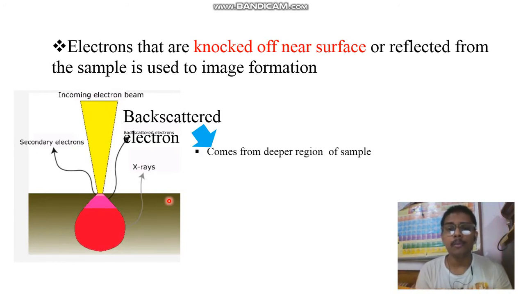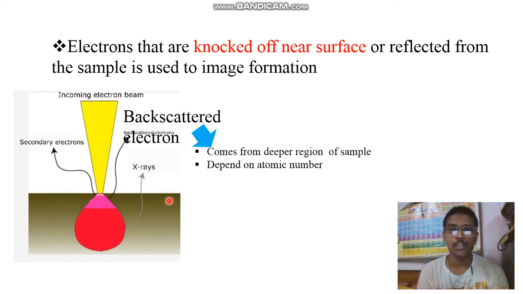And this comes from the deeper region of the sample. Mind it, deeper region does not mean the inner side; it is near the surface or the upper surface. So that goes some extent deep below the surface. And that's why backscattered electrons give us information about some extent deeper than the surface. And this actually depends upon the atomic number. Let's say you have carbon and you have chlorine. Carbon has a smaller number of electrons and chlorine has more.